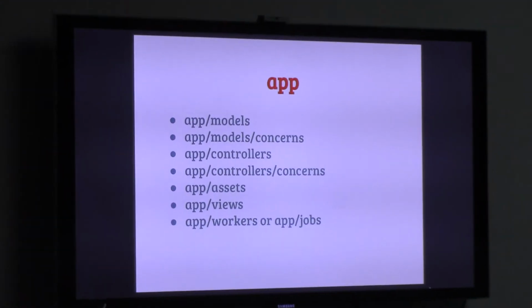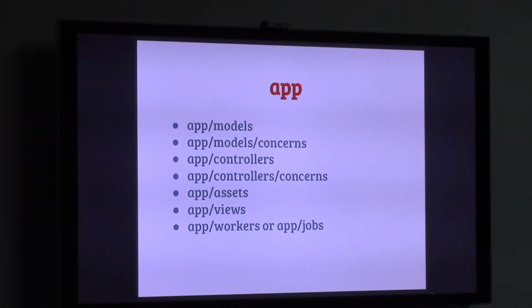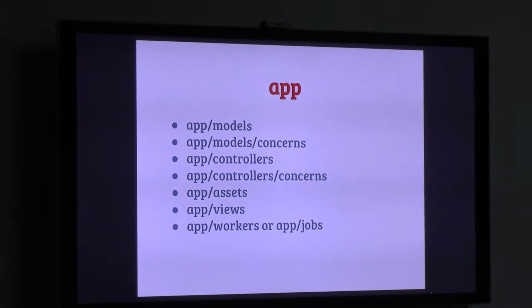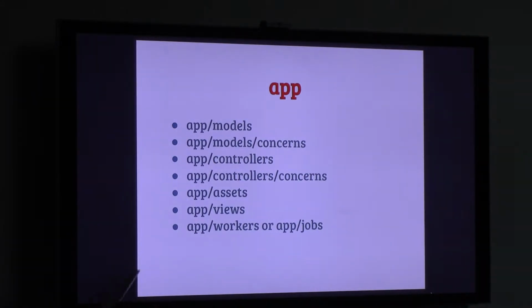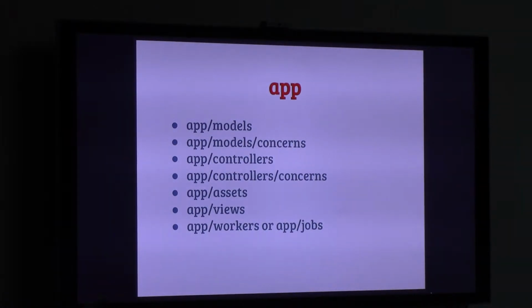So this is a sample. The models go in models, controllers in controllers, and you have the assets like JavaScript, CSS, your view templates in views, and jobs or workers in app/workers or app/jobs.